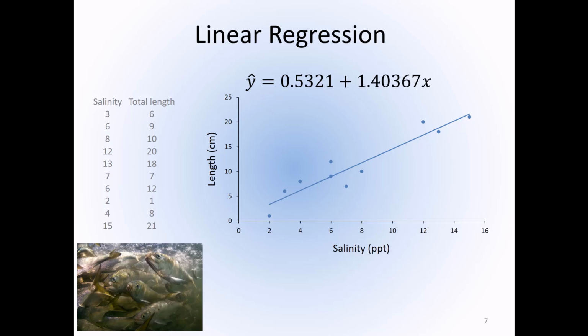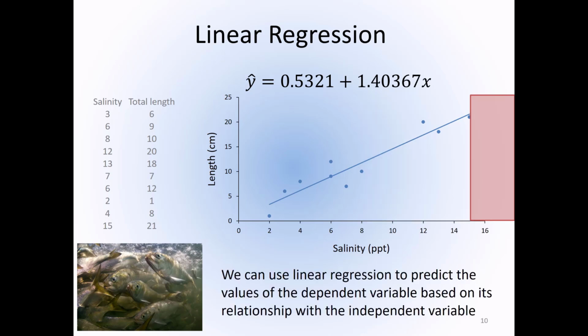In certain circumstances, we might be interested in making predictions outside of the data ranges in which we've collected. We noticed that we didn't collect any data between about 8 parts per thousand and 12 parts per thousand, so maybe we were interested there. We also didn't collect any data above 15 parts per thousand.